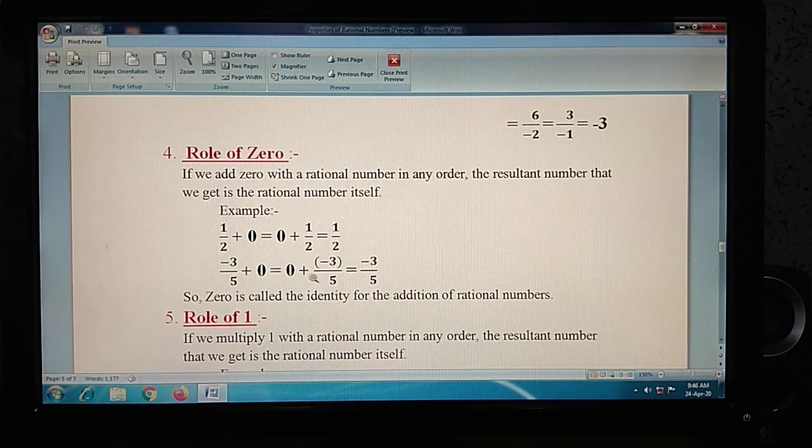So definitely it is not the same number as in the earlier case. The number was minus 3 by 5, but we'll get plus 3 by 5 if we put a minus over it, because minus minus will be plus. So it holds only for the addition of rational numbers, not for the subtraction of rational numbers.